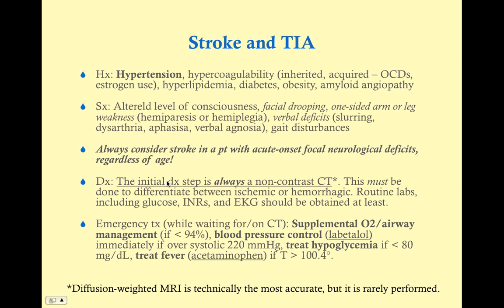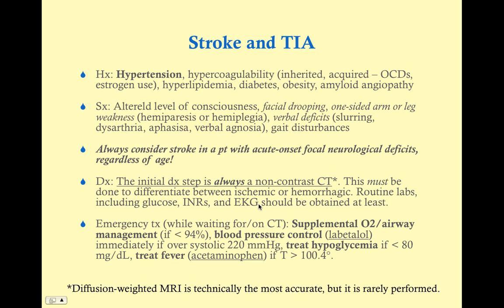Now, while the initial diagnostic step is always a non-contrast CT, the most accurate test is a diffusion-weighted MRI. MRI is always more accurate than CT, but we're not going to do an MRI because it takes a long time. It takes like half an hour to an hour to get an MRI. And we need to get these patients with possible strokes diagnosed and treated as quickly as possible.